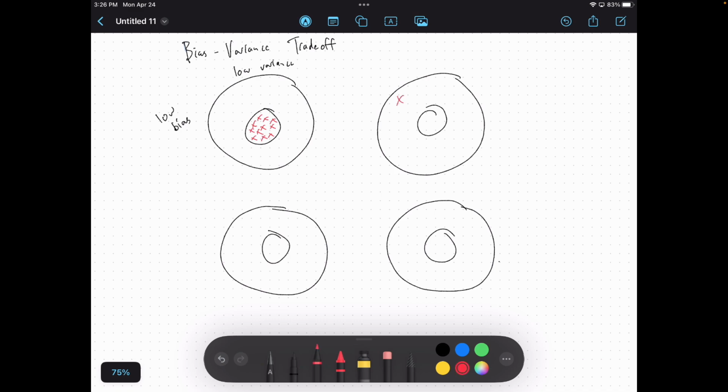You could have something that looks more like this. This is where you have high variance, but everything is still centered around on average. And so this would be low bias.